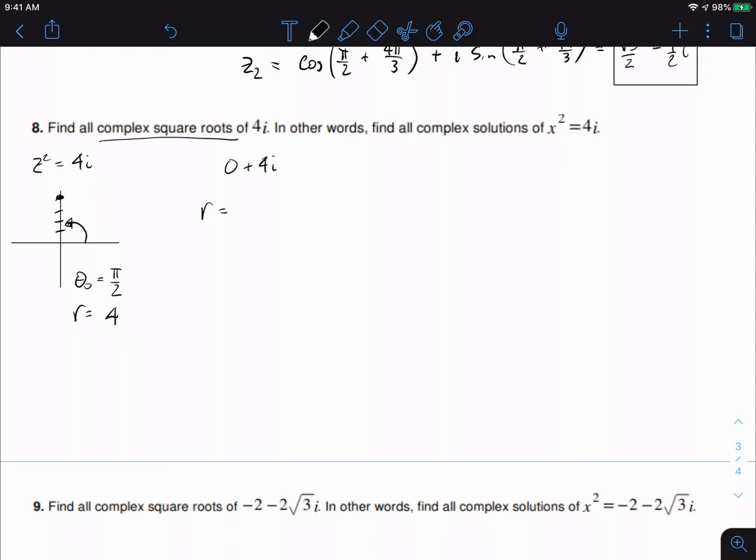And I told you guys that my radius was the square root of 0 squared plus 4 squared. So I would get 0 plus 16. So r is the square root of 16, which gives me r is 4. That's the way to do it mathematically if you wanted to. But looking at the picture, you can just see how far it is from the origin. But either one works. We're okay with that?